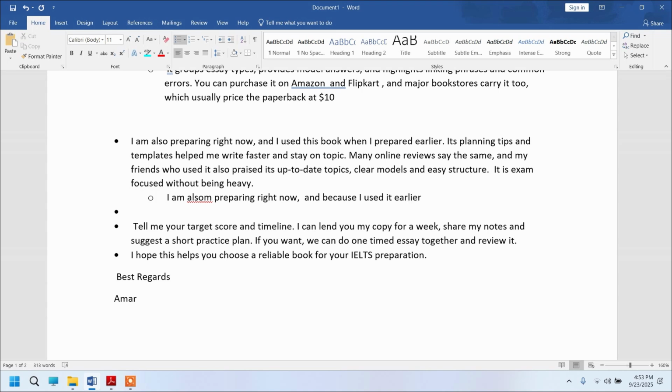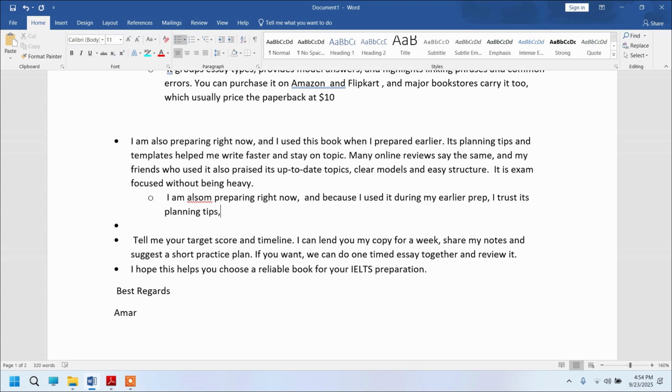Okay, I used it during my earlier prep, comma, I trust its planning tips, comma, templates. I will write all those points. Planning tips, templates, and that's all.